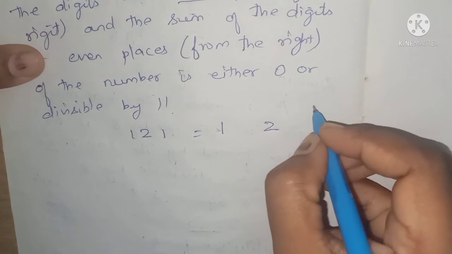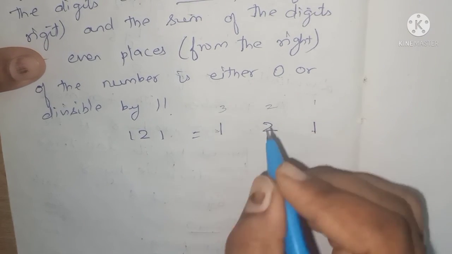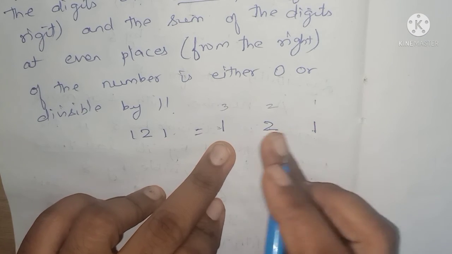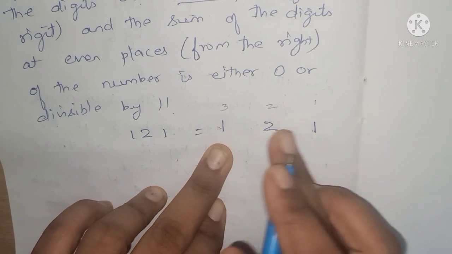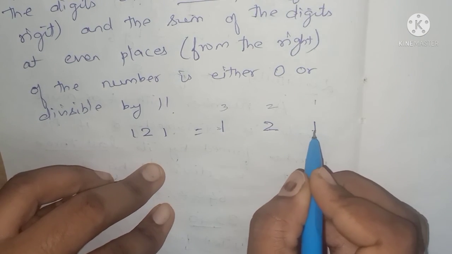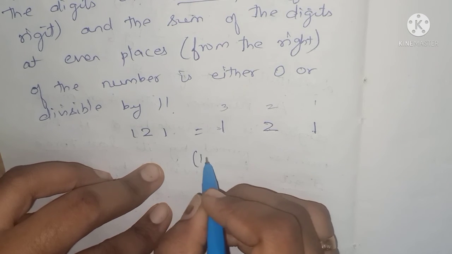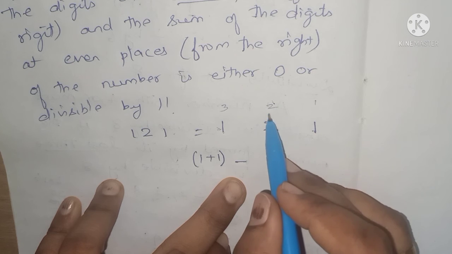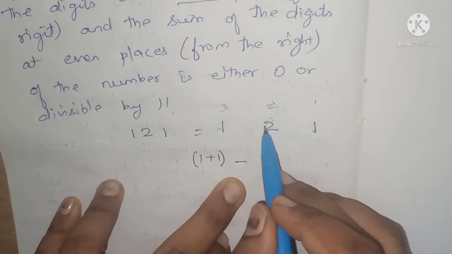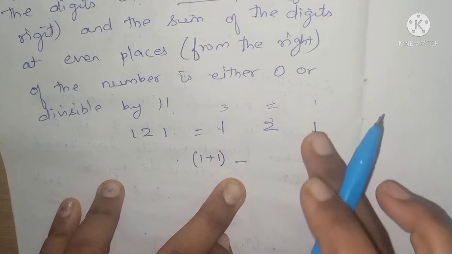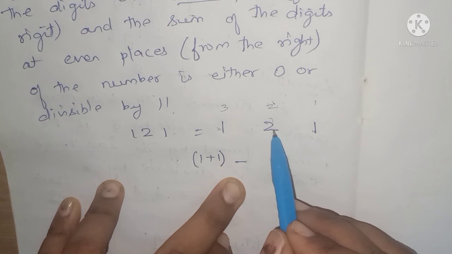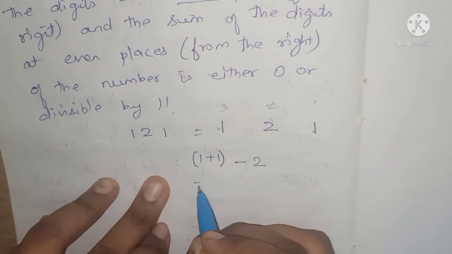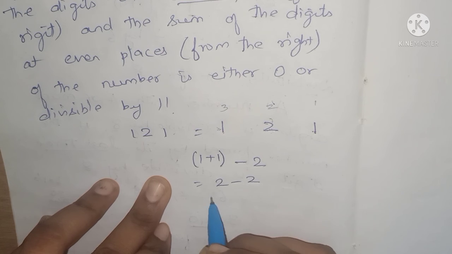So the sum of the digits of odd places is 1 plus 1, minus the sum of the digits at even places. In even places we have only 2, because this is a 3 digit number, so I have only one even digit, which is 2. So 1 plus 1 is 2, 2 minus 2 gives 0.